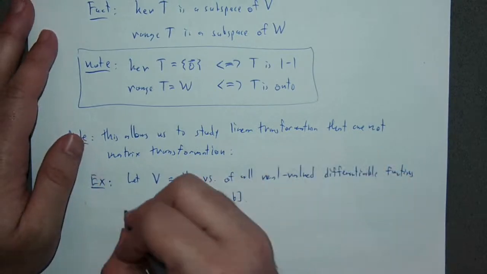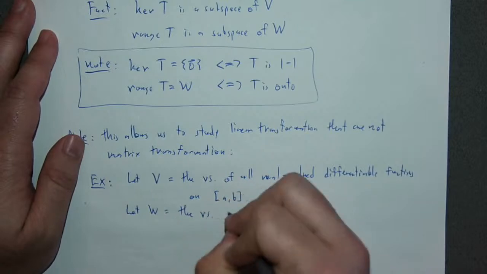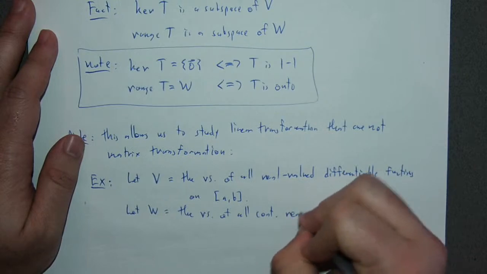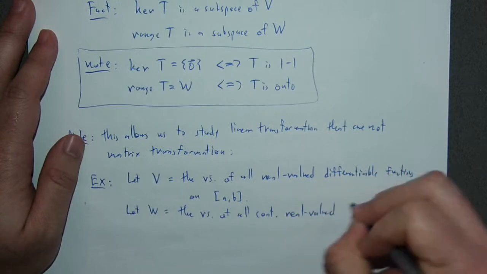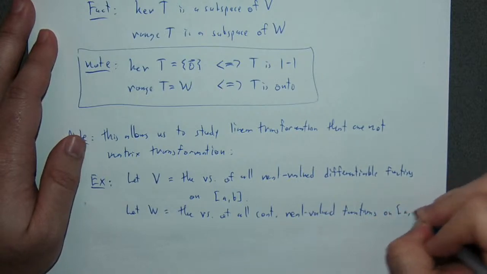Let W be the vector space of all continuous real valued functions on AB.